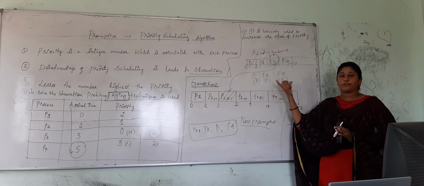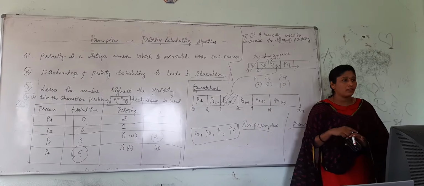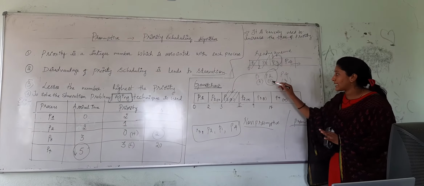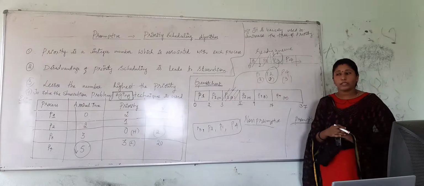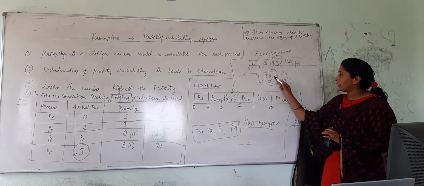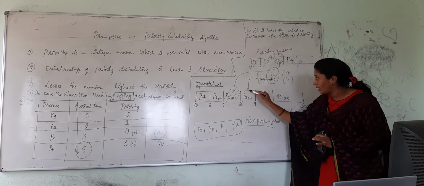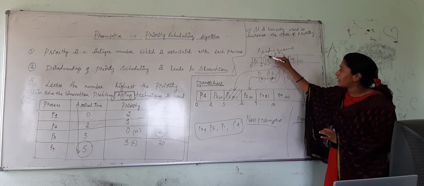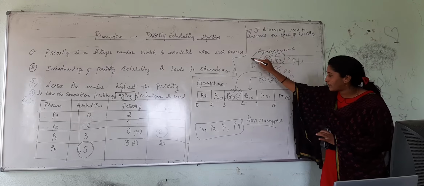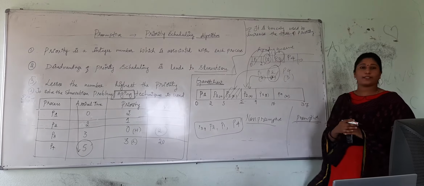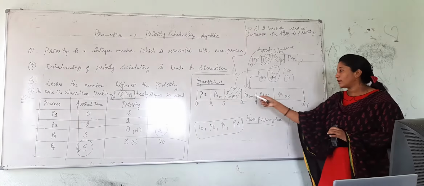Among these, which is given the next chance for execution? P2, obviously, because it has priority 1. Therefore, we remove P2 from the ready queue and allow it to enter the CPU for execution. Got the meaning now?